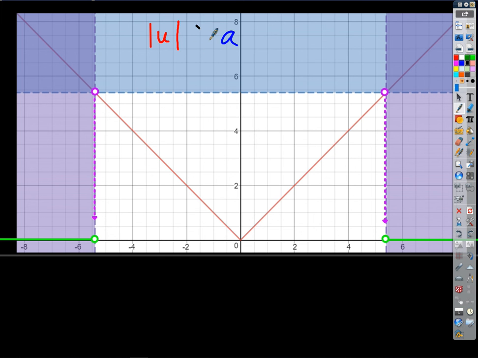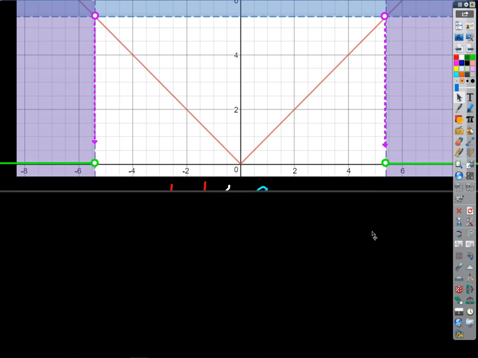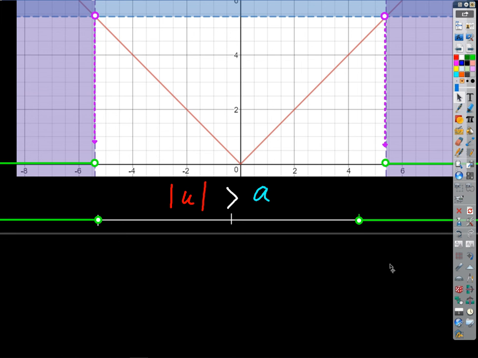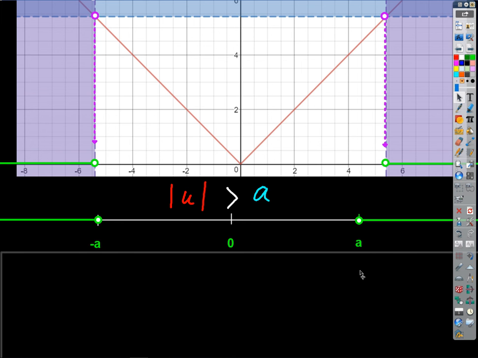Okay, so anytime you have an isolated absolute value function that is greater than a number, you can always make the trade. We're only going to pick the values that are less than that point, which is negative a, and greater than that point, which is positive a.